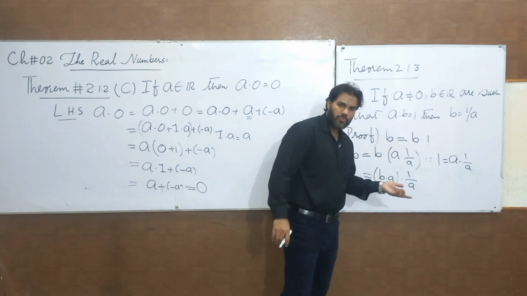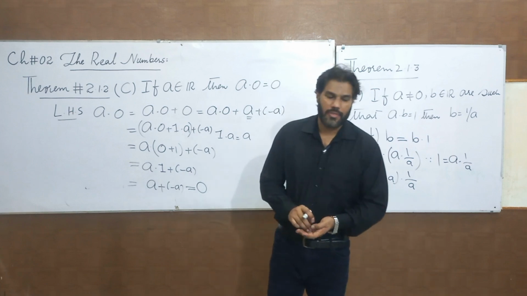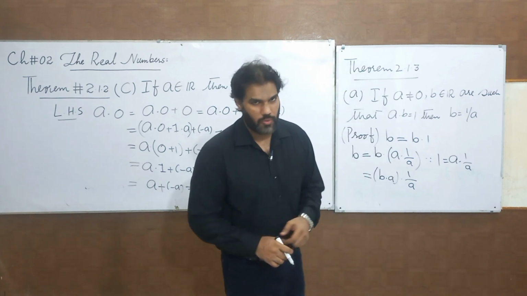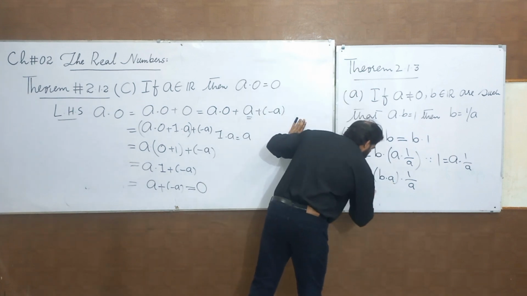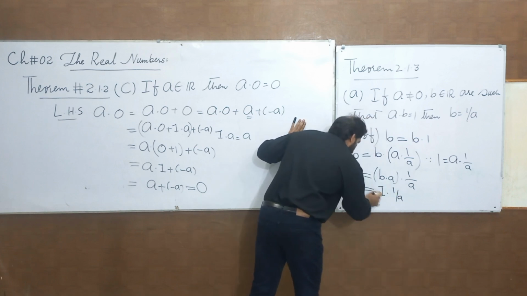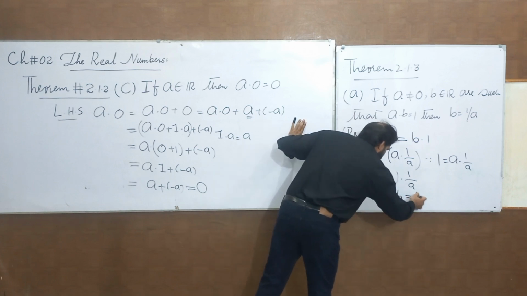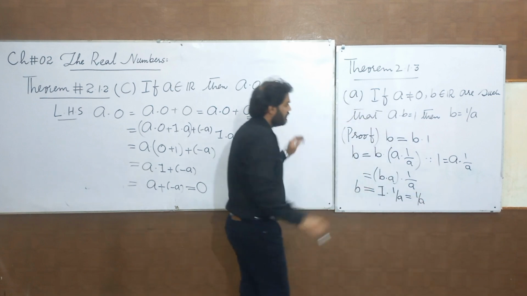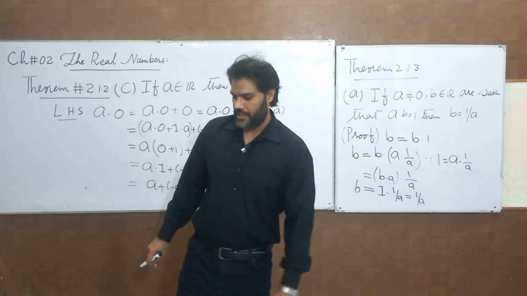So b into a is also equal to 1, because in the set of real numbers the commutative property holds. So this is equal to 1 into 1 over a. 1 is the multiplicative identity, so this gives us simply 1 over a. So this gives the proof of the first part.